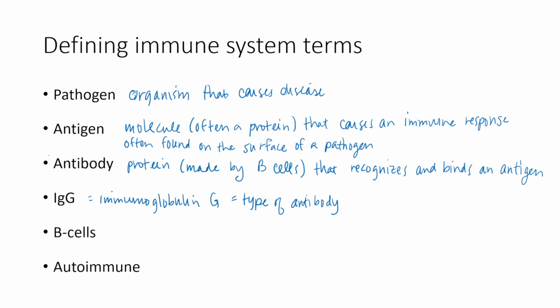I'm sorry, one more time. Yeah, so immunoglobulin G is just the most abundant one that you find in your bloodstream. It causes most of the immune responses that we see when we think of attacking and killing pathogens and things like that.